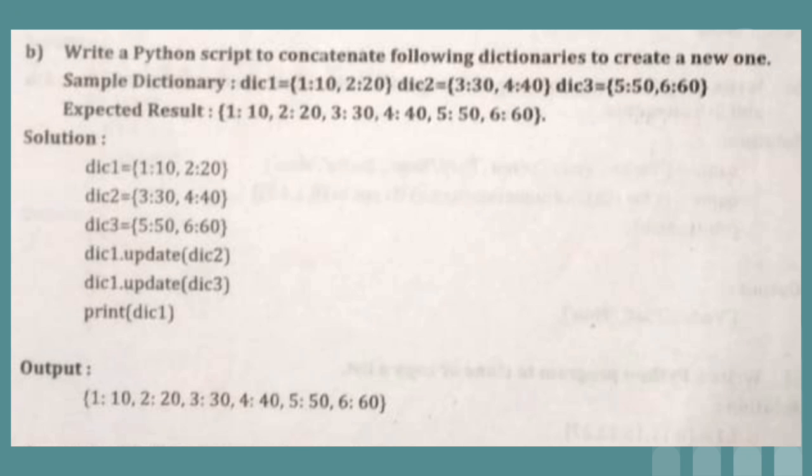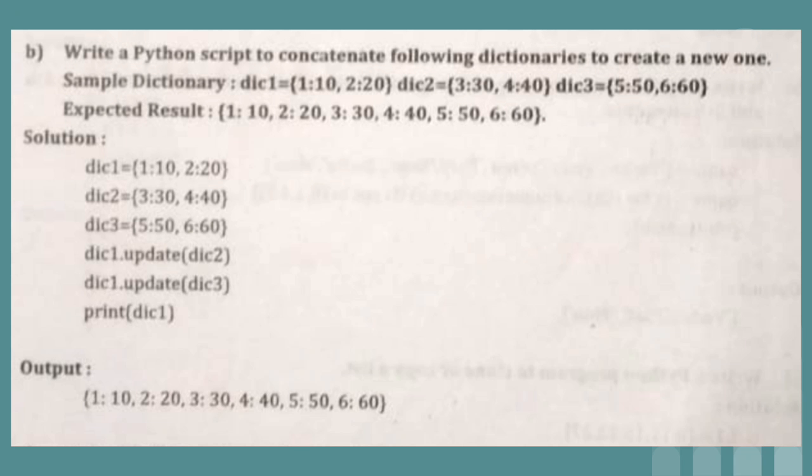Each dictionary has two items, and the expected result is 1:10, 2:20. These two elements belong to dict 1. After that 3:30, 4:40. These two are part of dict 2, and then we have 5:50, 6:60. These two elements are from dictionary 3.